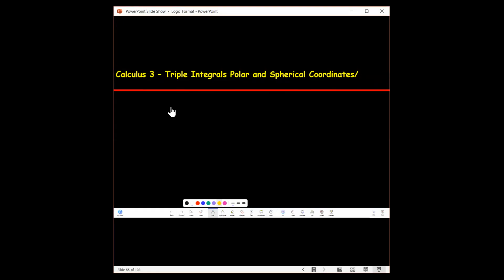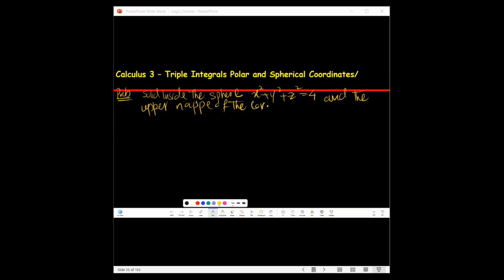Real quick, the last problem we can do here about this topic is a solid inside the sphere, and the sphere is given, and the upper nappe of the cone.